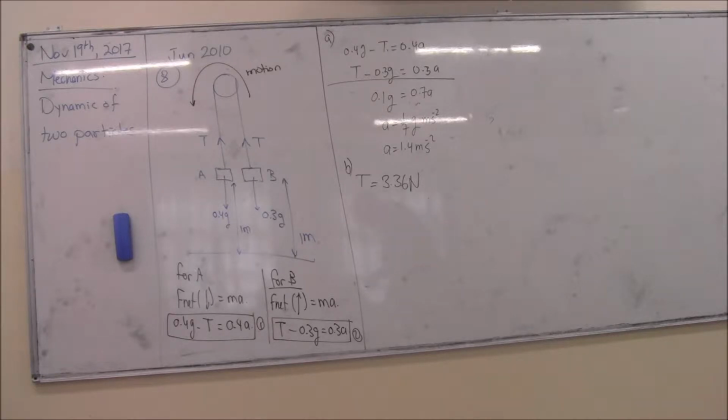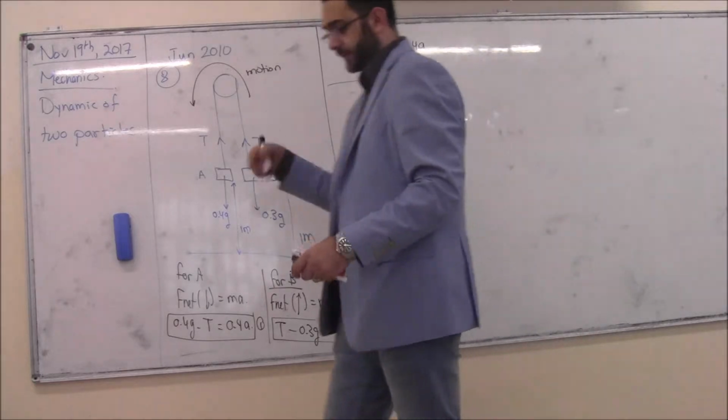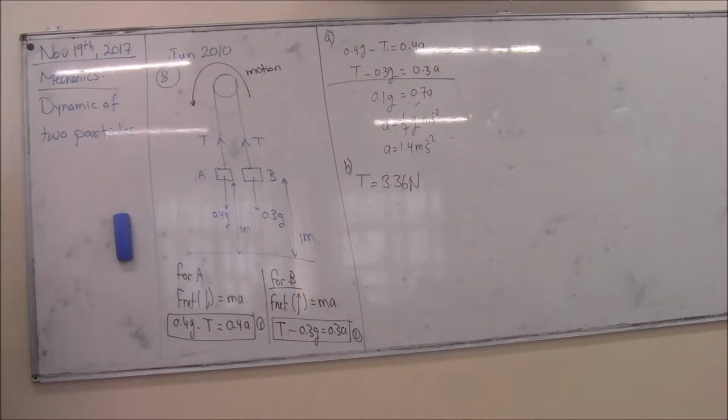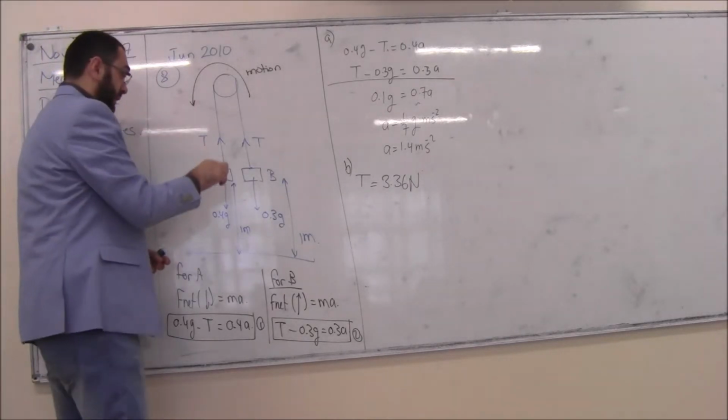Now, listen, when the particles have been moving for 0.5 seconds, the string breaks. Find the further time that elapsed until B hits the floor. Elapsed means time taken. Look at the subsequent motion now.